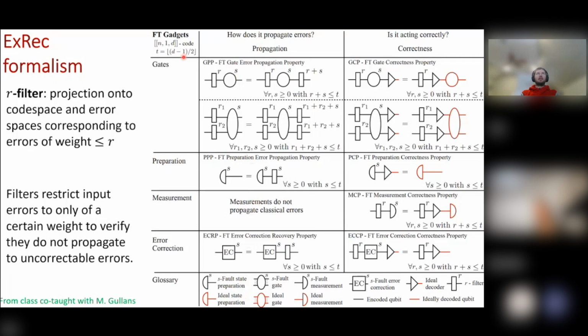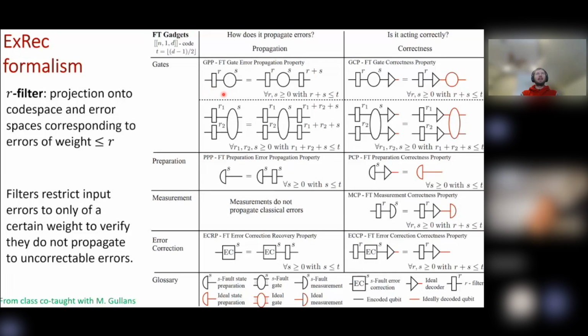So here, every row is just some gadget, okay? And the column here that I'm talking about is this propagation property. When you sandwich this gadget with the two filters, it had better be the same as if you just applied one filter. That's the whole property, okay?